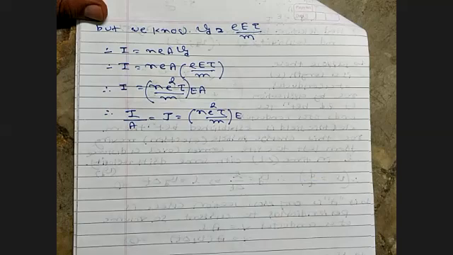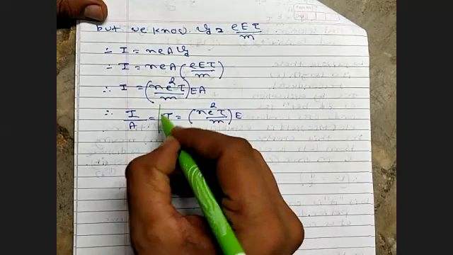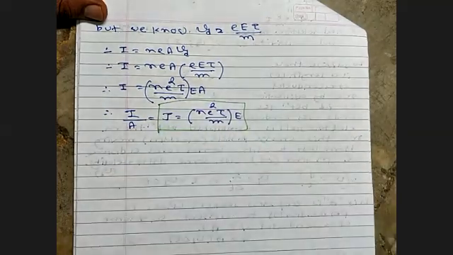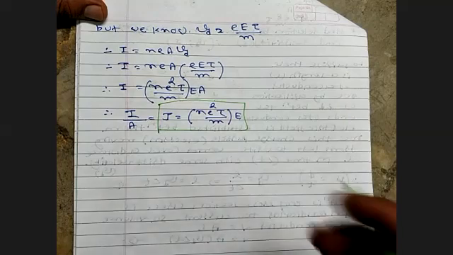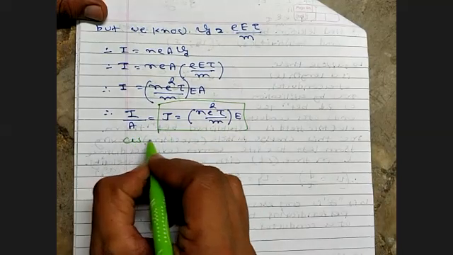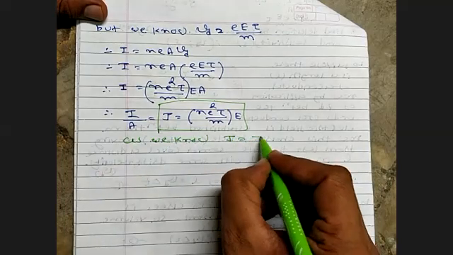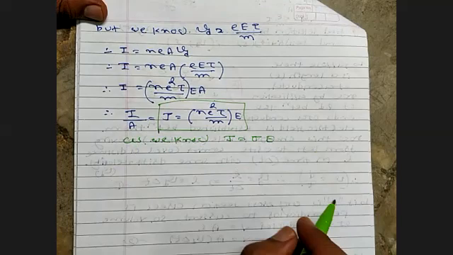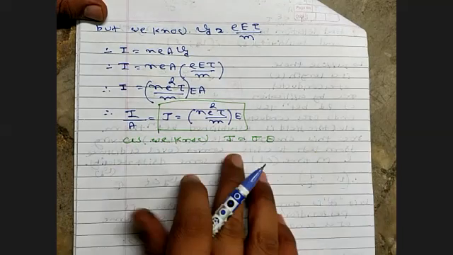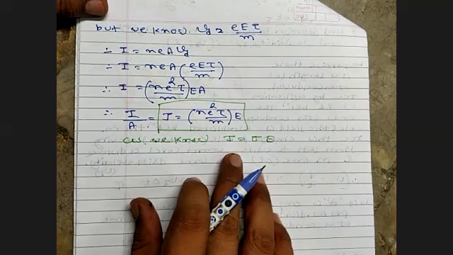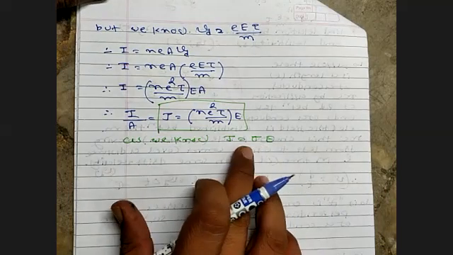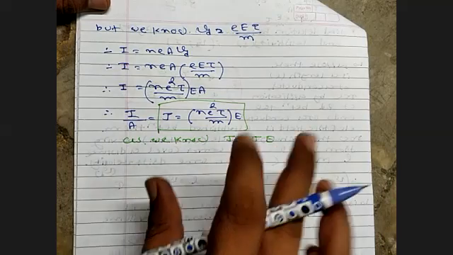It is one of the equations we dealt with previously. As we know, J is equal to sigma into E. That is the main equation, the relation between current density and electric field, in vector notation.